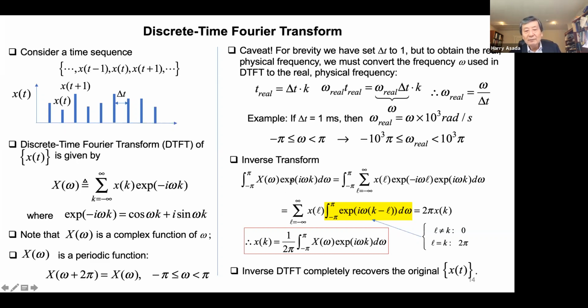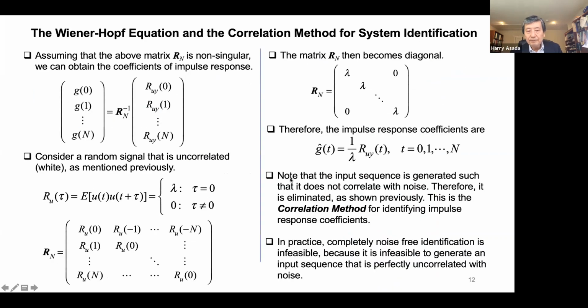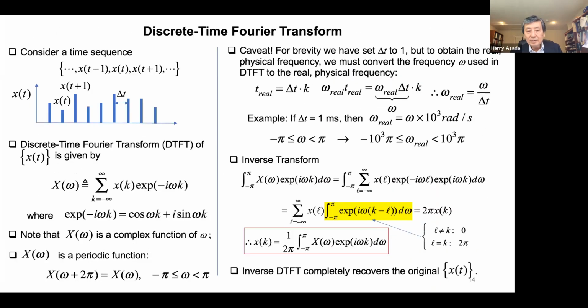Now we multiply not by exponential minus i omega k, but by plus i omega k, and replace X(omega) by its expression. I just changed the index from k to L, because k is already being used here.